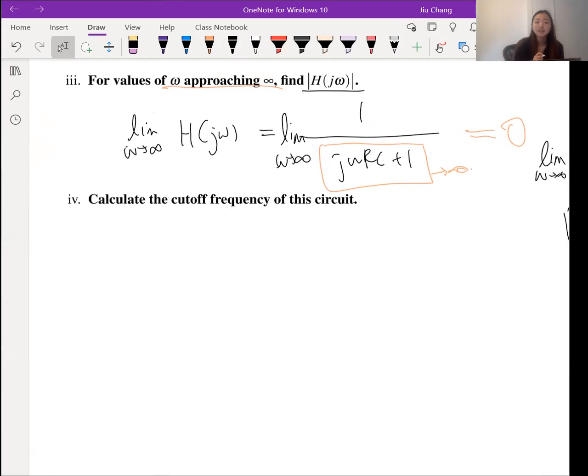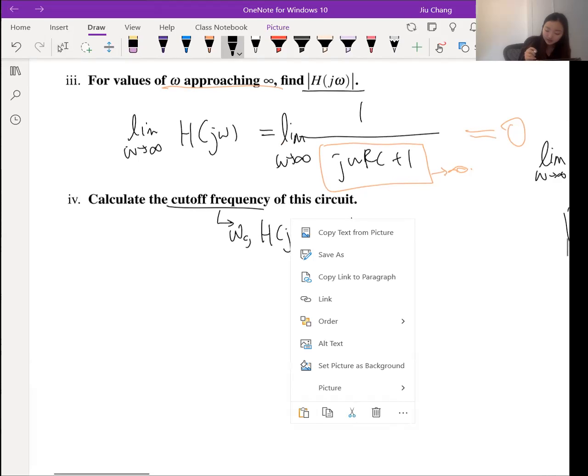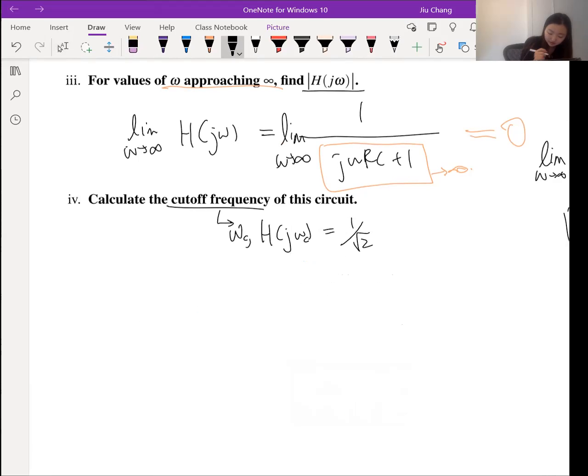Finally, let's calculate the cutoff frequency. Remember, for a cutoff frequency, we want to find omega when our transfer function equals 1 over root 2. So we will denote this cutoff frequency as omega sub c. Okay.